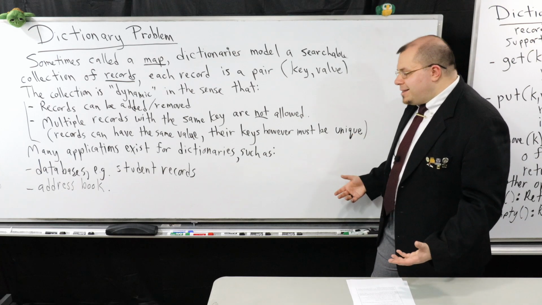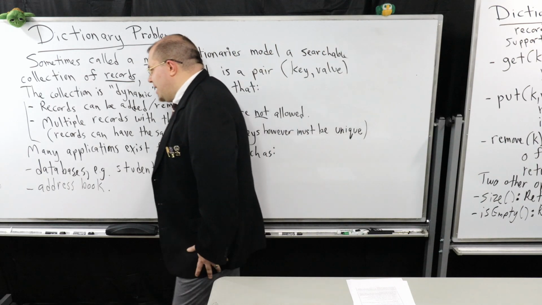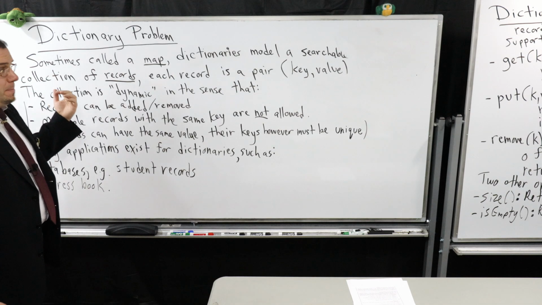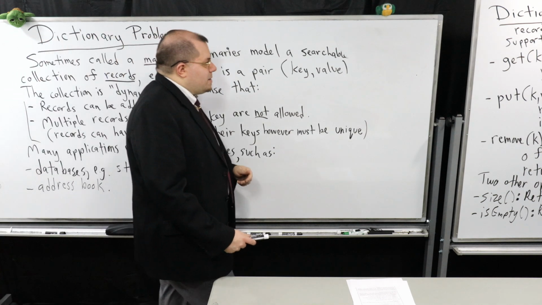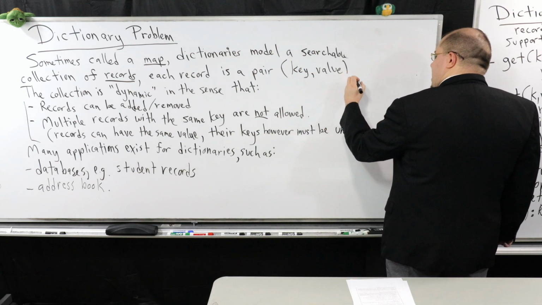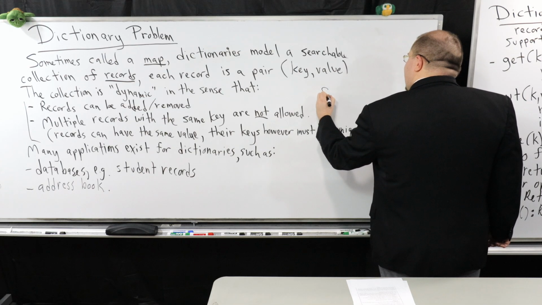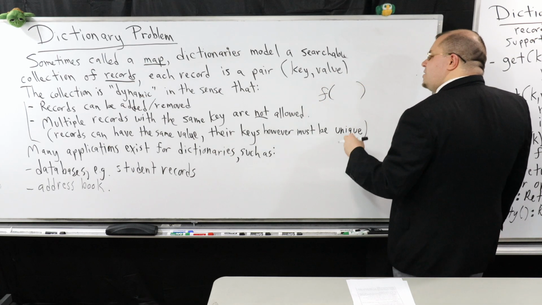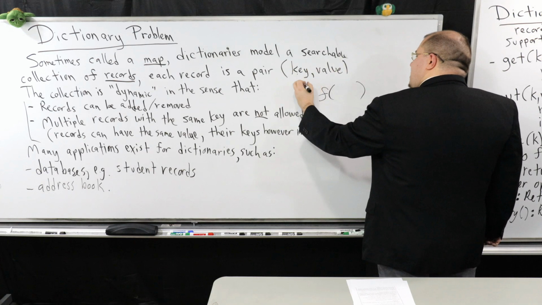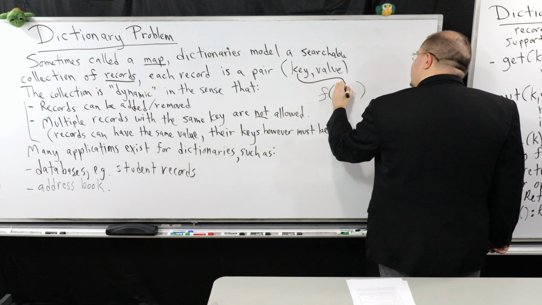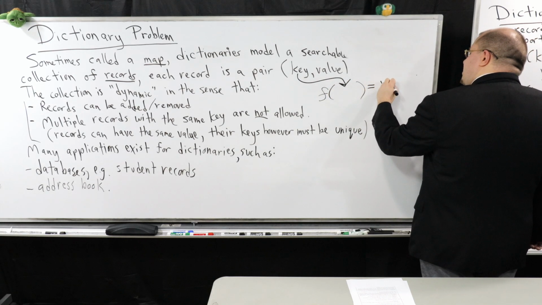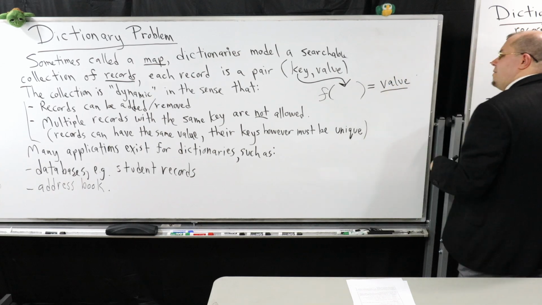To explain this in a way that's very natural, I'm going to draw on what some people refer to as a map. Dictionaries are sometimes called maps for this reason, or at least this is one of the reasons why some people call them maps. If every single one of your keys is unique, and suppose I have all of these in my collection, I should be able to use the key, and I should be able to look up the record's value.